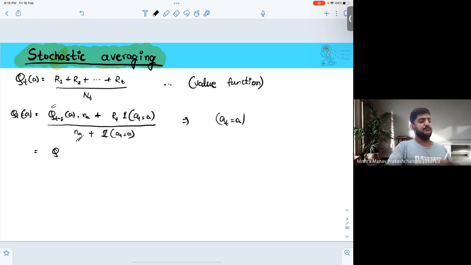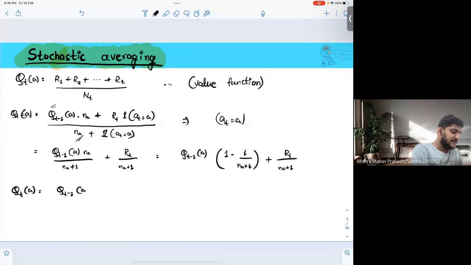Now, if I just pull the terms here and there and do even more simplification, what I end up with is that my QT of A is nothing but Q T minus 1 of A plus 1 upon NA plus 1 times RT minus QT minus 1 of A. Okay.